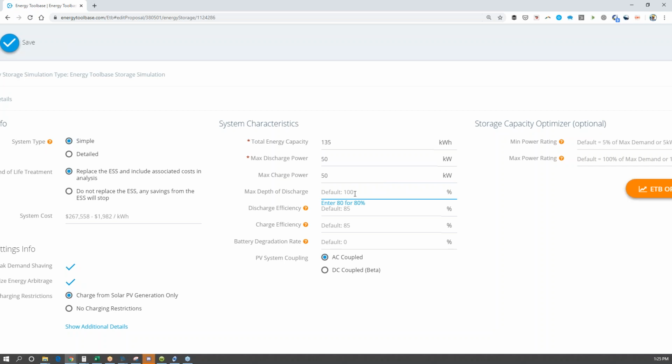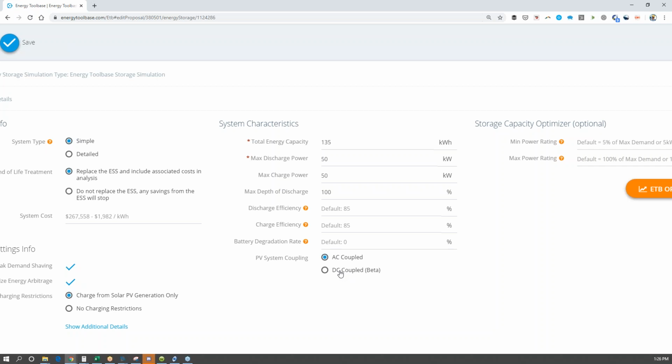And let's assume that we're going to go for a little bit longer life out of the system, so we're only going to discharge them down to 80%. I don't know, that's something you could play around with to determine what is best. All the other rates, I would just keep at their standard rates.